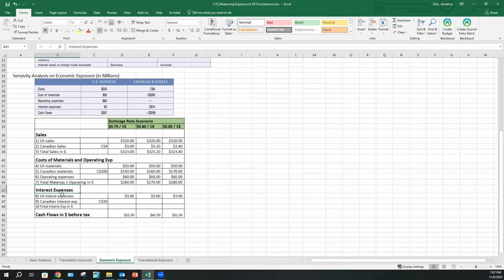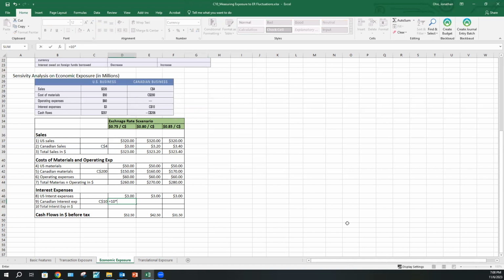Interest expenses. The US interest expenses are $3 million. In Canada, it looks like the company finances some of it, about 10 million Canadian dollars. The interest expenses in Canada are about 10 million Canadian dollars. So let's convert that into US dollars.